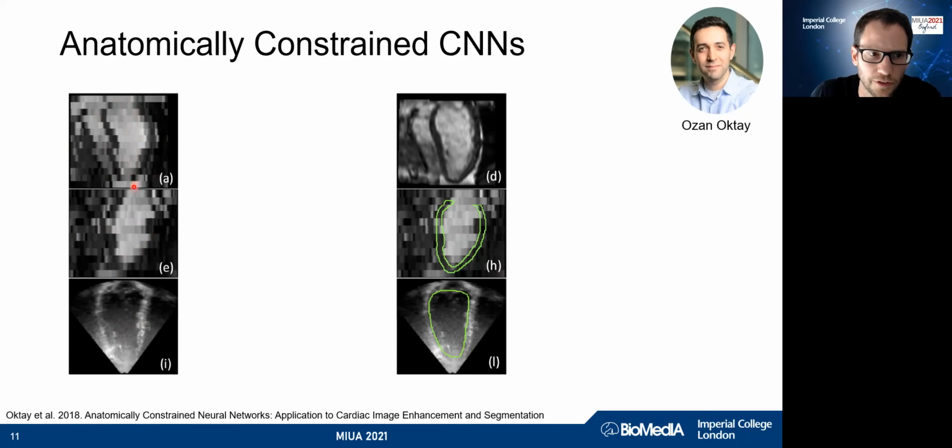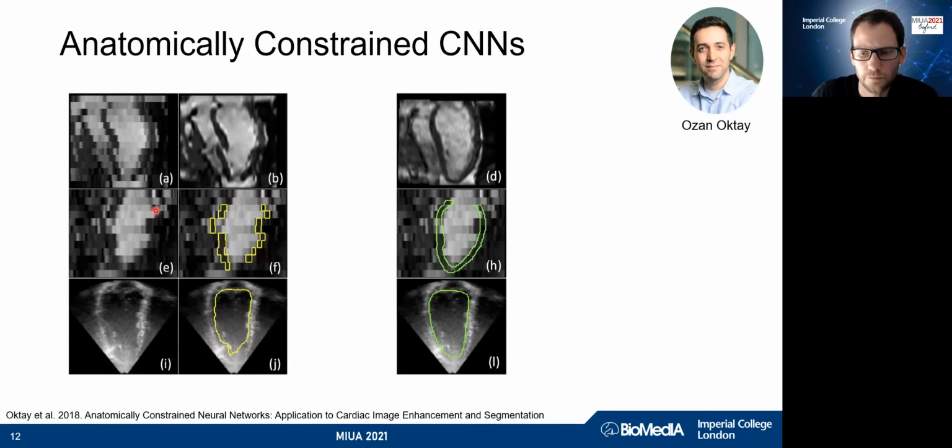So you get this stack of slices where along one dimension you have thick slices, so low resolution. So if you wanted to extract segmentations from that to make, for instance, measurements about the anatomy, that is quite difficult, also due to, for instance, motion artifacts that you might have between these thick slices.